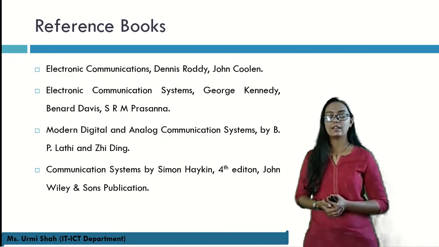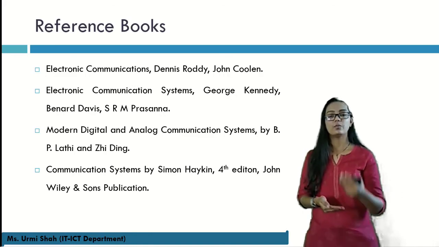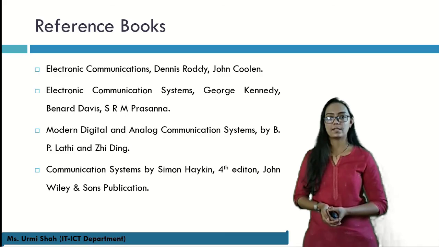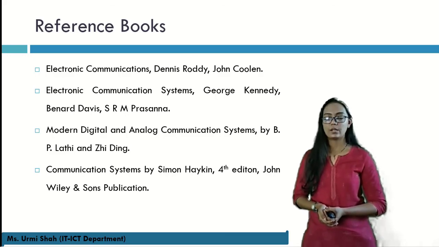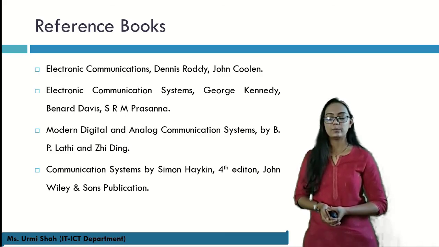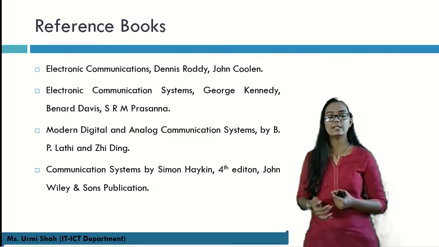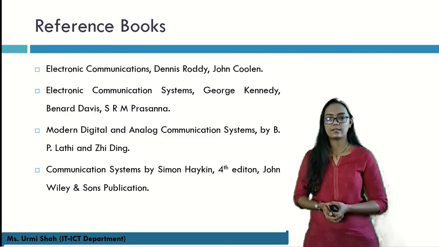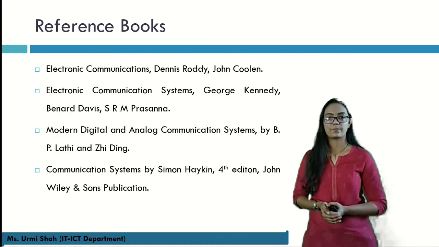Now at the receiver end, if we want to reproduce the original message signal, then we require a demodulator circuit. So we will see the various demodulator circuits in the next session.